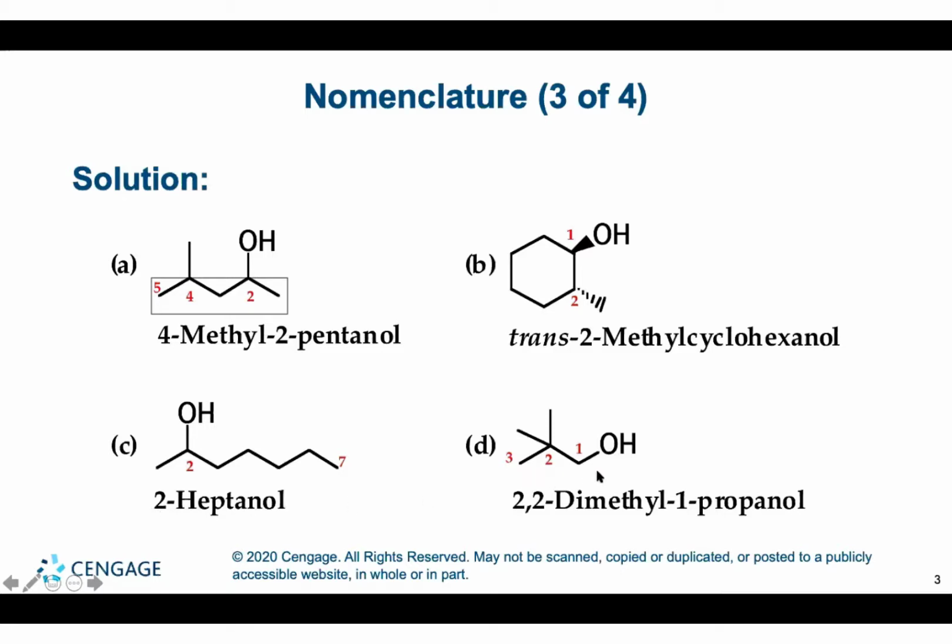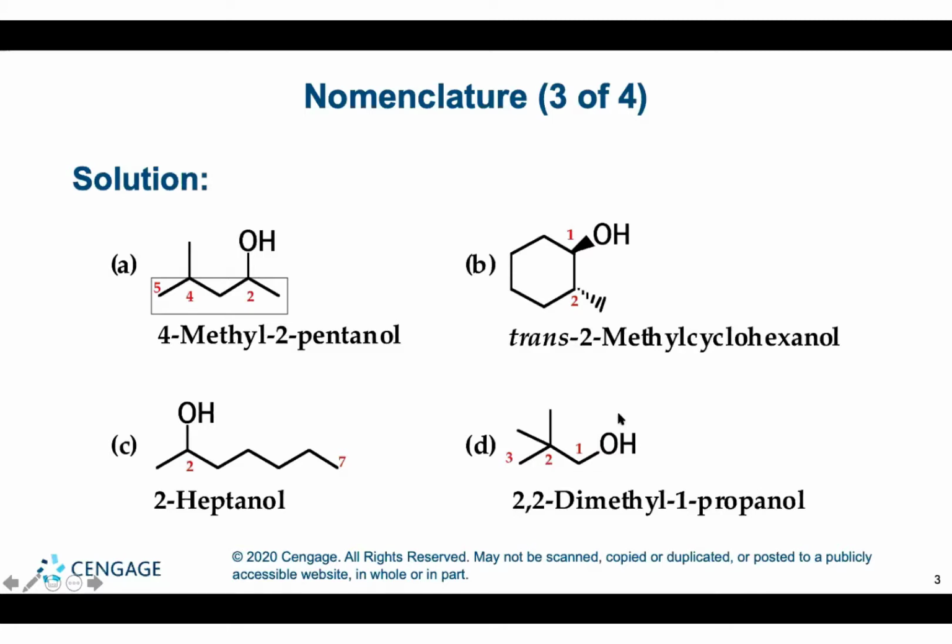In D, I start from the right side because my OH group is on carbon 1. Then we first start with the branches, 2,2-dimethyl, 1-propanol.